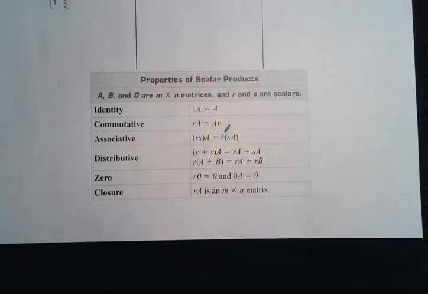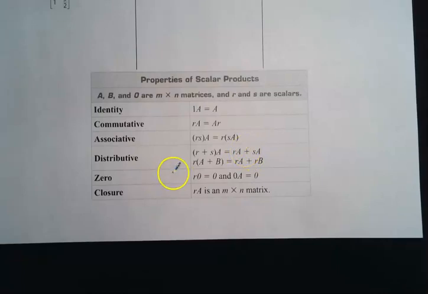Doesn't matter. Distributive, we didn't have that with addition, right? We can do R plus S and then distribute, so the quantity R plus S times matrix A is the same as R times matrix A plus S times matrix A. So whatever numbers you use there.